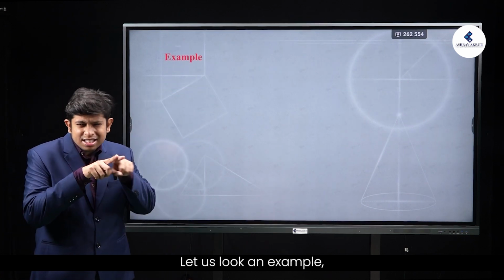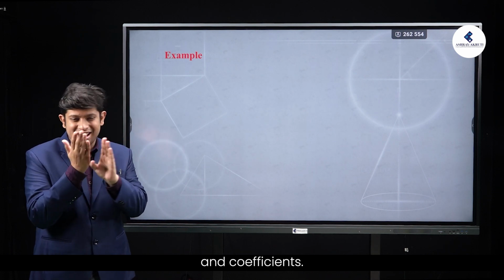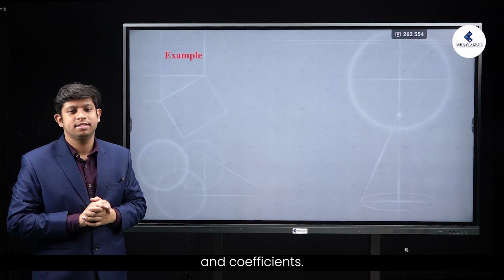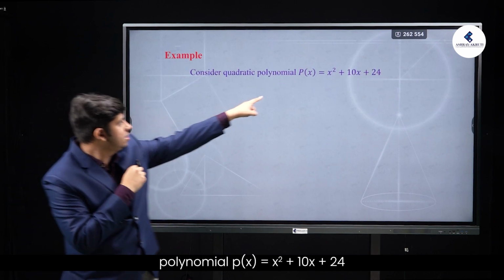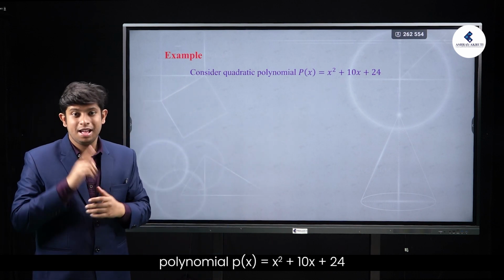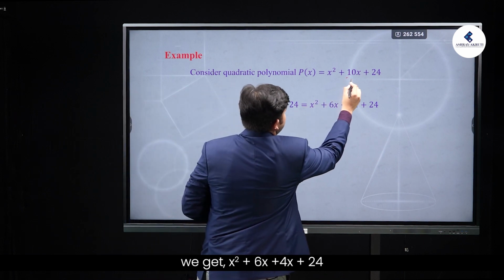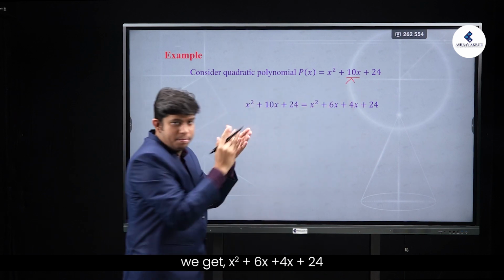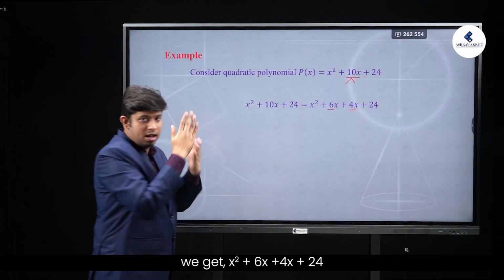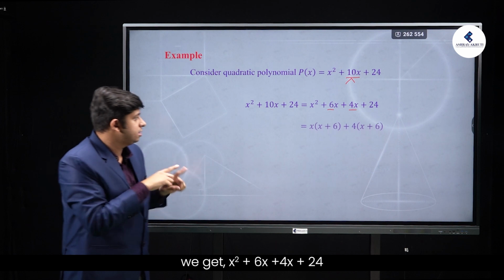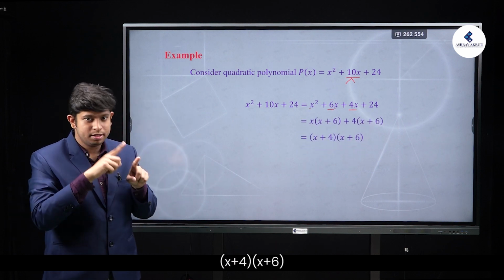Let us look at an example to clearly understand the relation between zeros and coefficients. Consider quadratic polynomial p of x is equal to x square plus 10x plus 24. By splitting the middle term, we get x square plus 6x plus 4x plus 24. After solving, we get x plus 4 into x plus 6.